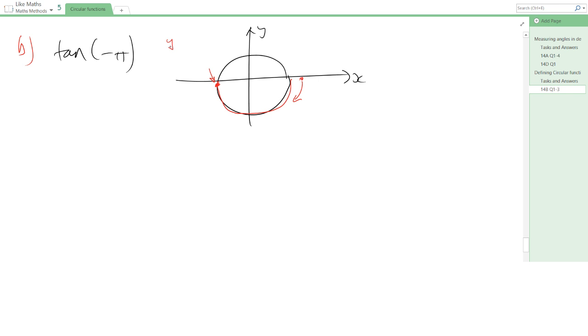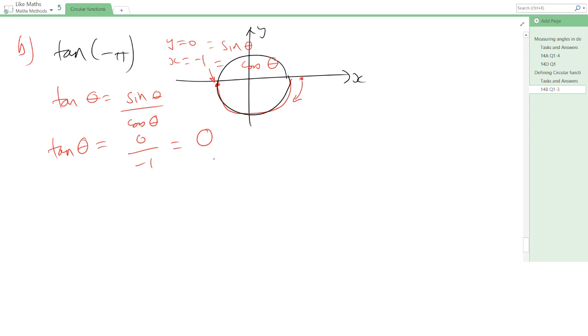So at this point, y is 0, x is -1, y is given by sine of the angle swept out, x is given by cos of the angle swept out, and knowing that tan is sine of the angle over cos of the angle, so sine of the angle is 0 and cos of the angle is -1, which means that the tan of the angle is 0.